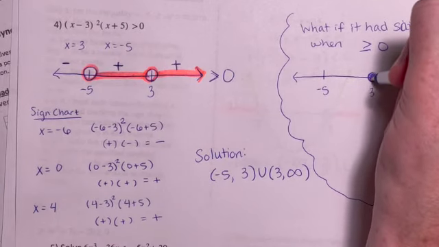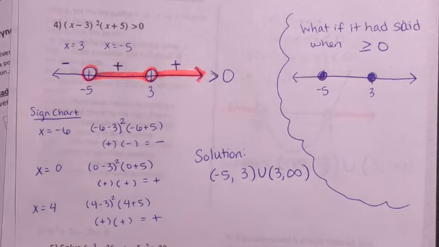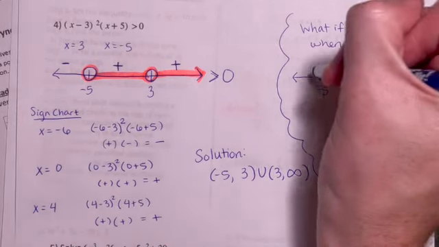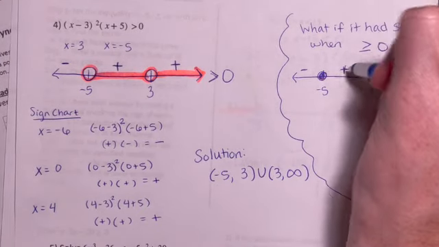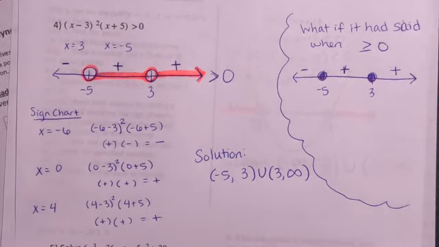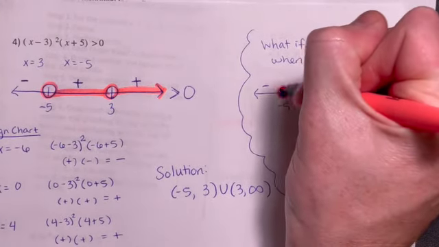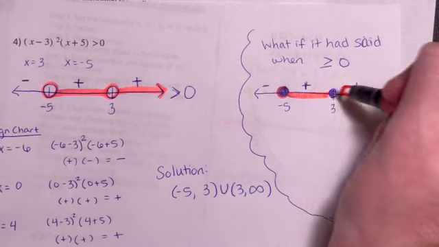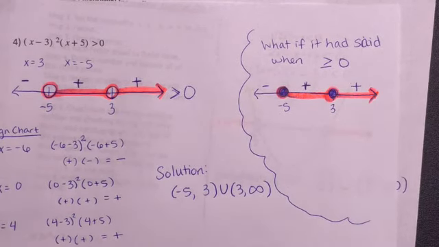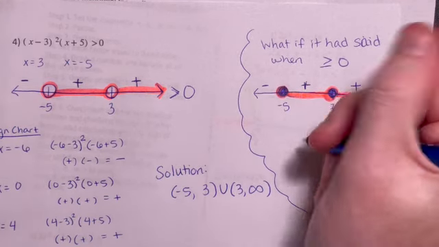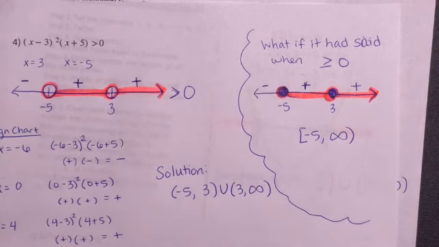So I'd have a closed dot here at -5 and a closed dot at +3. It would still be negative before -5, positive between -5 and 3, and positive after 3, which means I'm including that all the way to infinity. So from -5 up to infinity, I wouldn't need to break it at 3. Our solution would just be -5 to infinity.